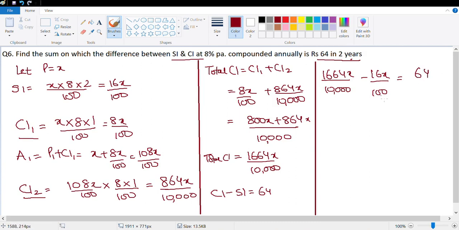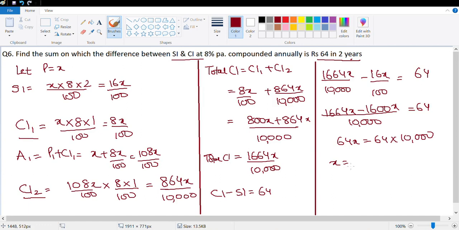Let's take the LCM, that's multiplied with 100. So this is 1664x minus 1600x upon 10,000 is equal to 64. So this is 64x is equal to 64 into 10,000, which means x is equal to 64 into 10,000 upon 64. Therefore, x is equal to rupees 10,000.